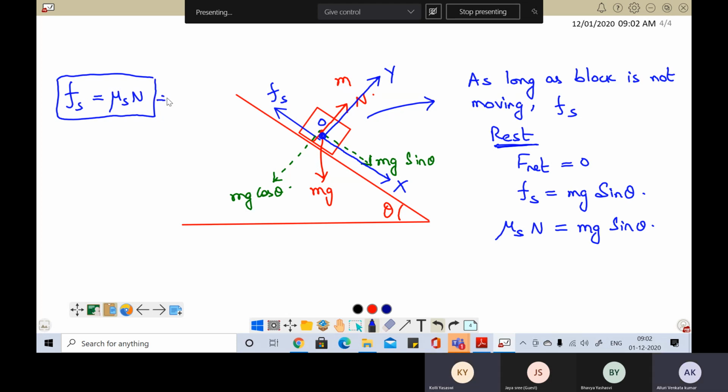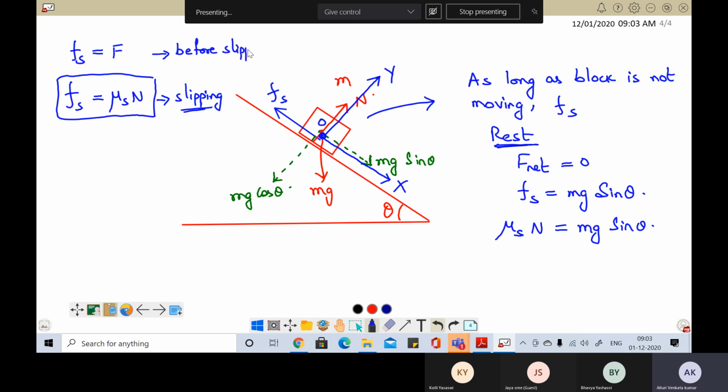It is only at the point of slipping. Before slipping, its value is equal to the applied force.